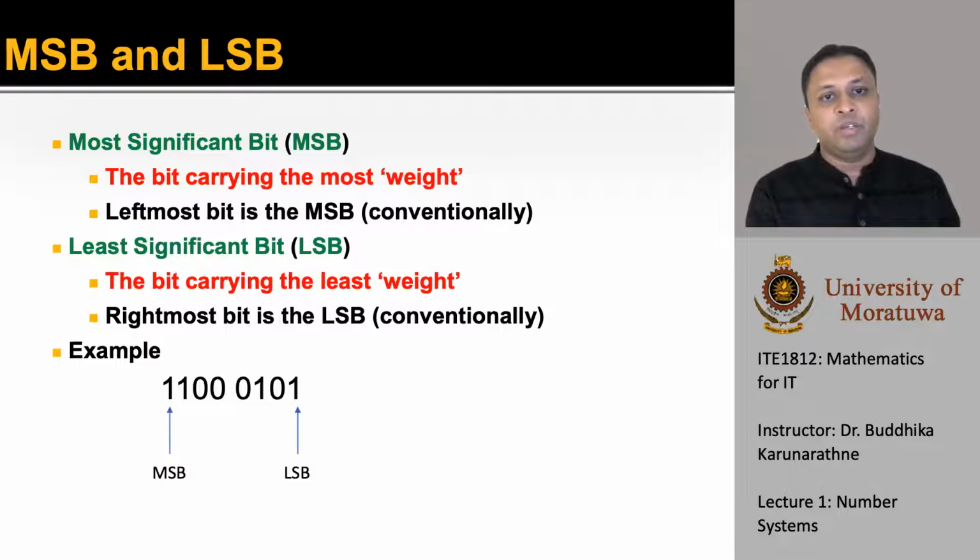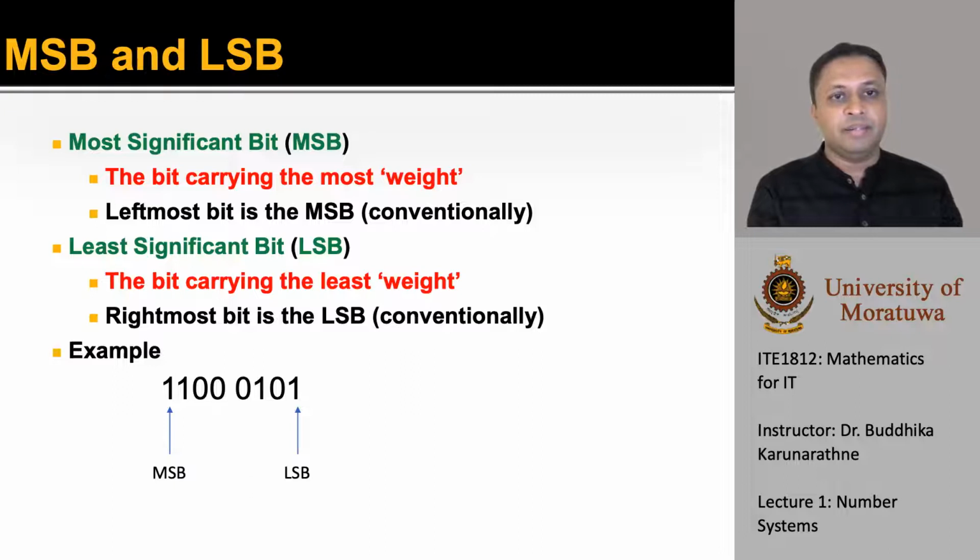Before moving on, we will also introduce what is meant by most significant bit, MSB in shortened form, and least significant bit, LSB. So what is MSB? It is the bit carrying the most weight, or the highest place value. Usually the leftmost bit is what we call the most significant bit, or the MSB.